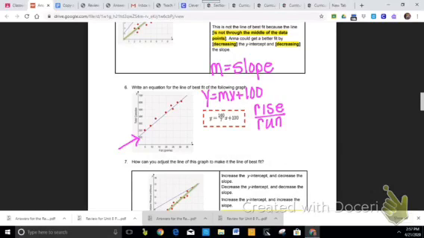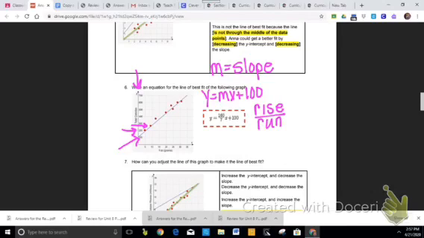Our y-axis is counting by 100s, so we're going from right at 200, but not quite to 300. So we need to figure how much we're going up.